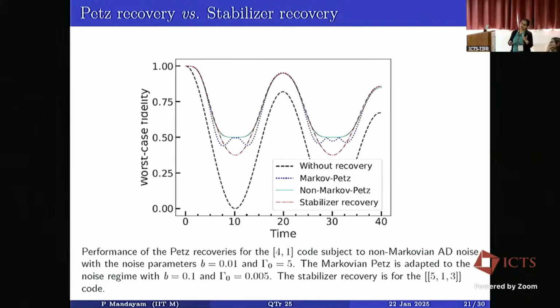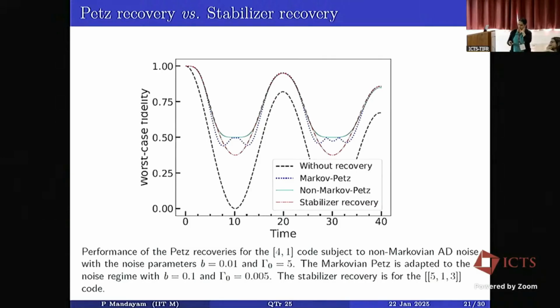But if your recovery is not exactly adapted to the noise strength, then it turns out that the combined map of the noise followed by recovery is no longer unital, and we see a little bit of a revival in the fidelity plot even in the Markovian regime of the noise, and that carries over to the non-Markovian regime as well. And so we see these additional oscillations when we work out a Markovian version of the PETS map, which is adapted to noise strengths in the Markovian regime.